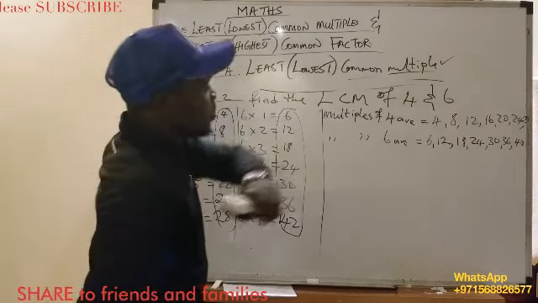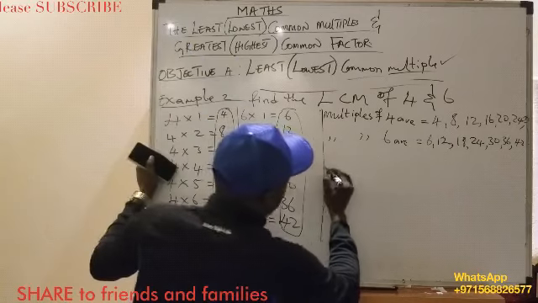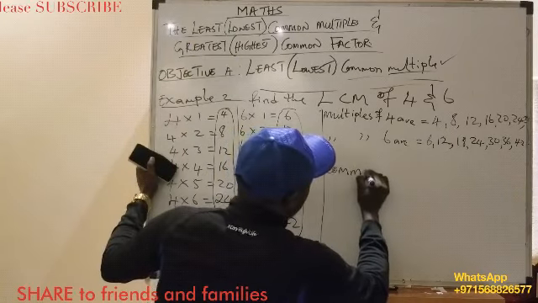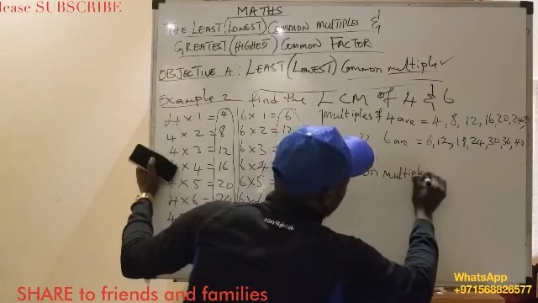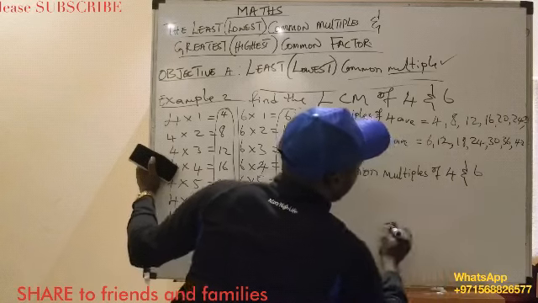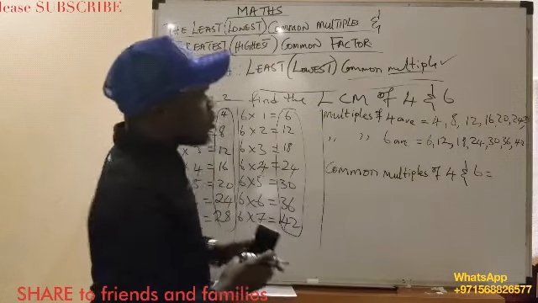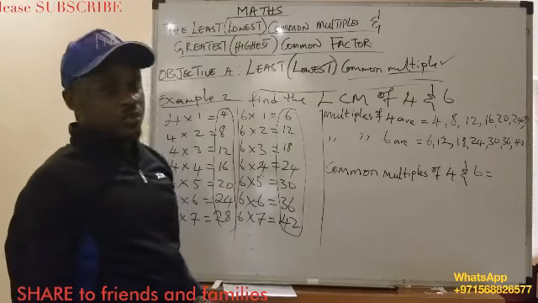Then the common multiples. To find the common multiples of 4 and 6, those are the numbers that appear in the two.